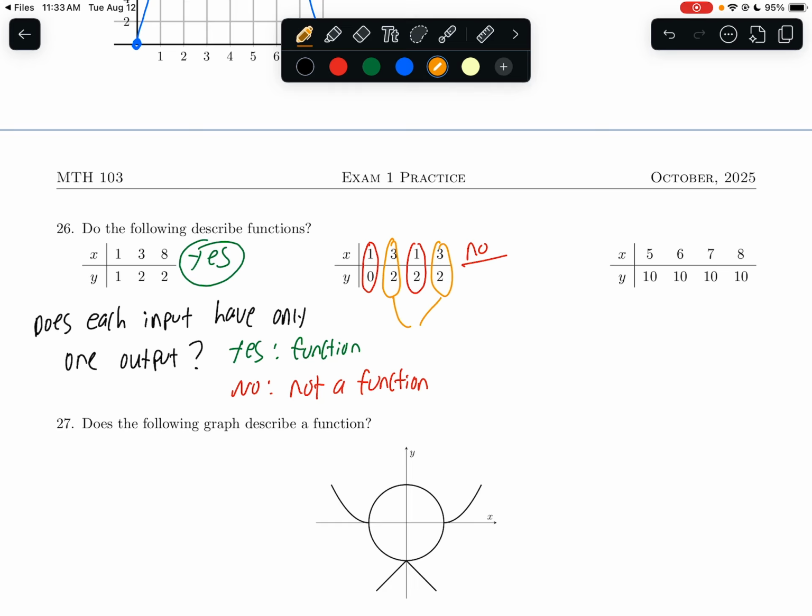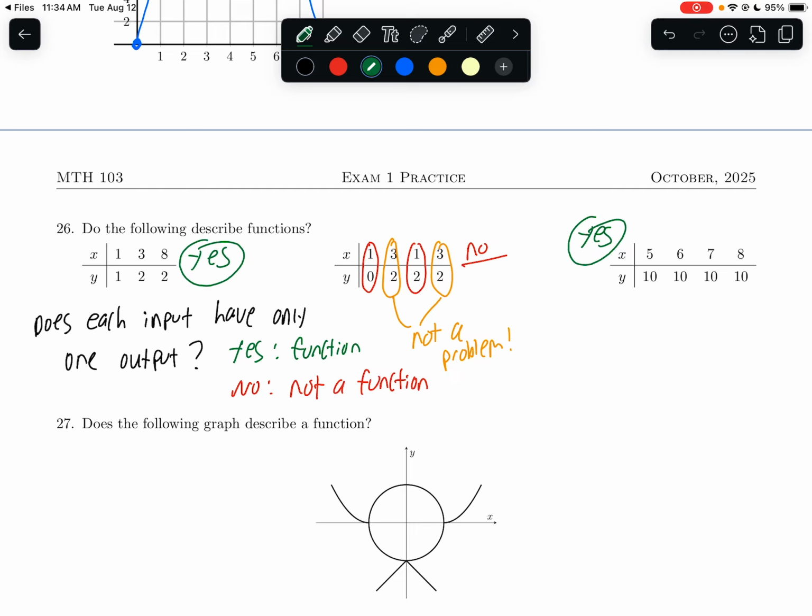These ones are fine. They're not a problem. They're just duplicated. That's okay. The issue is that you have 1, 0 and 1, 1. Over on the right, yes, it's a function, and it's constant.